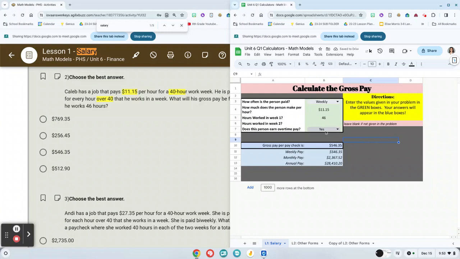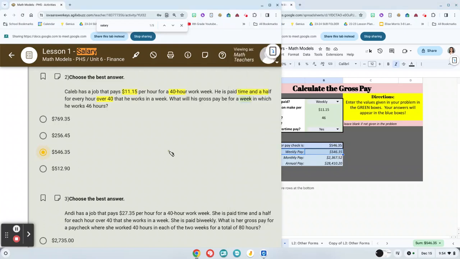Does he earn overtime? Yes. Time and a half is typically what overtime is, so it's going to calculate that for us. So what will his gross pay be for that 1 week? So we need to select the week right here, $546.35. Of course, it's the same as the paycheck. $546.35. Isn't that cool, guys?